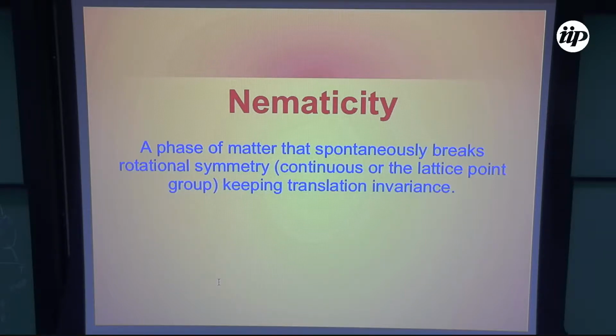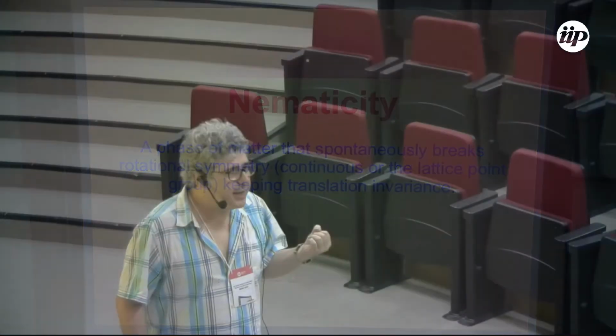The nematic phase has a direction, but if you make a rotation of pi, it's the same state. So it's not a vector; you can think of it as a headless vector. Indeed, it's a symmetric traceless tensor. This is the order parameter, so it's an order that is different from magnetization.